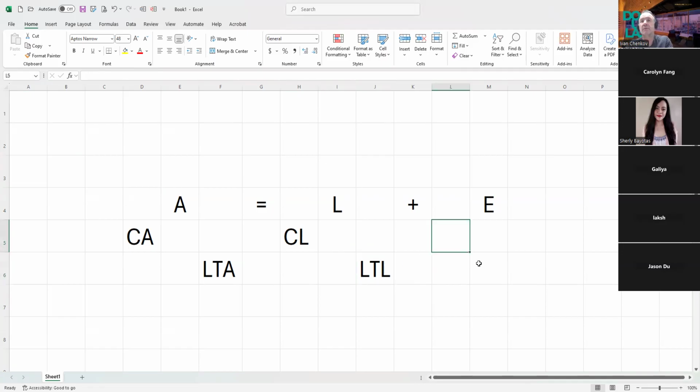And on the equity side, we already saw we have two parts here. We have contributed capital and we have retained earnings. We already saw where the retained earnings comes from and where the retained earnings goes, what reduces the retained earnings, what increases the retained earnings, where the contributed capital comes from, what increases the contributed capital.